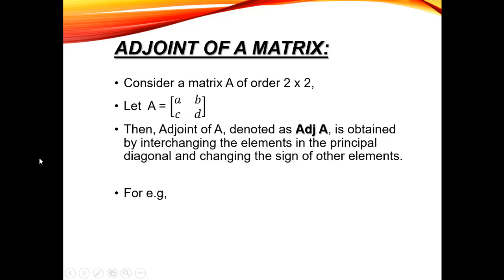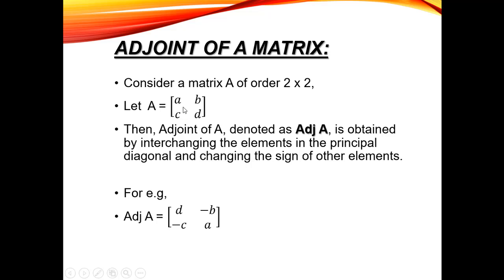The principal diagonal is the diagonal we discussed in the previous lecture. It is also known as the leading diagonal, the diagonal which moves from left to right. So the elements in this diagonal interchange with each other: a will be at the position of d and d will be at the position of a.